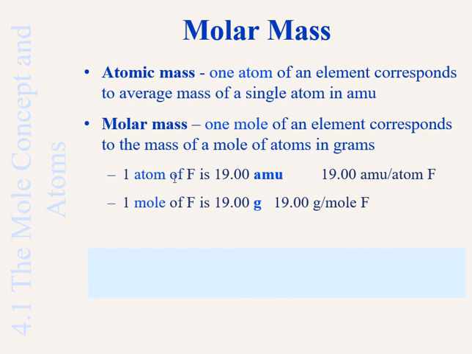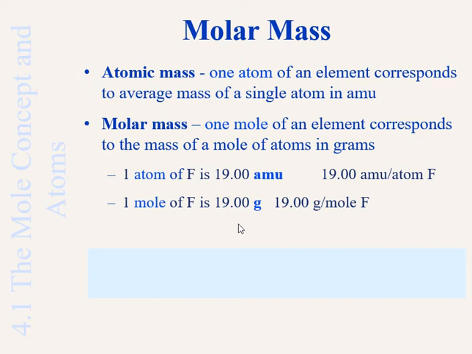If the mass of one atom of fluorine is 19.00 AMU, the mass of 1 mole of fluorine atoms is the same number, just the unit would be in grams. So the mass of 1 mole of fluorine atoms is 19.00 grams. So that's 19.00 grams per mole of fluorine atoms, and this is known as the molar mass.